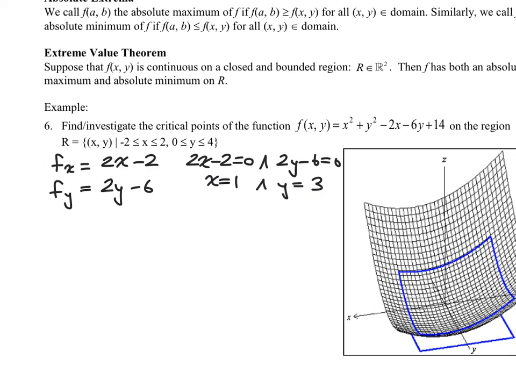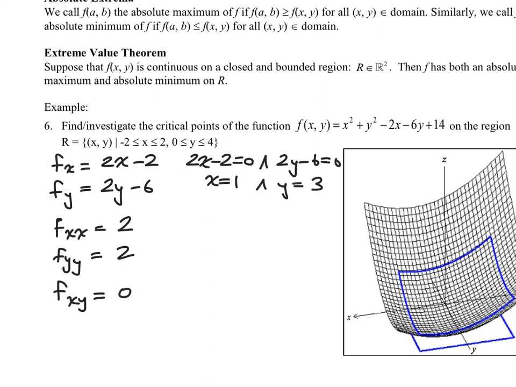F sub xx is just 2. And my pen is running out of battery, so that's why it looks so crappy. F sub yy is 2. F sub xy, the mixed second order partial, is going to be equal to 0.